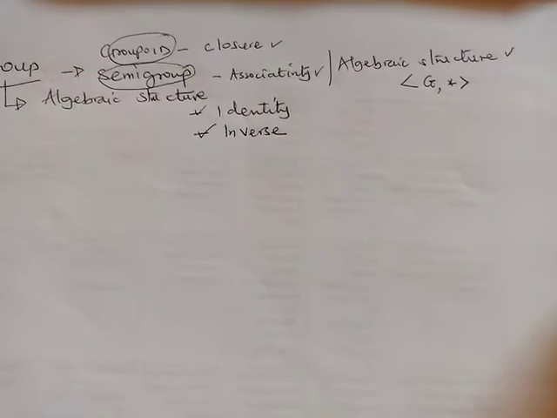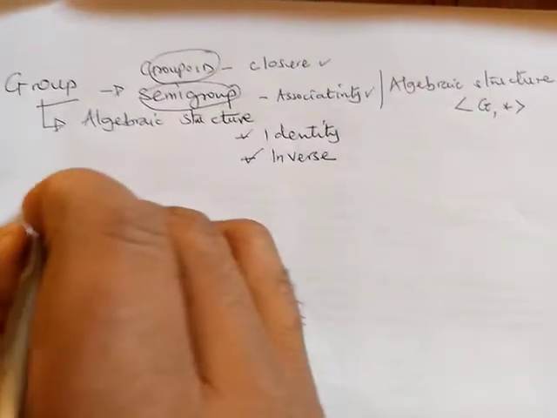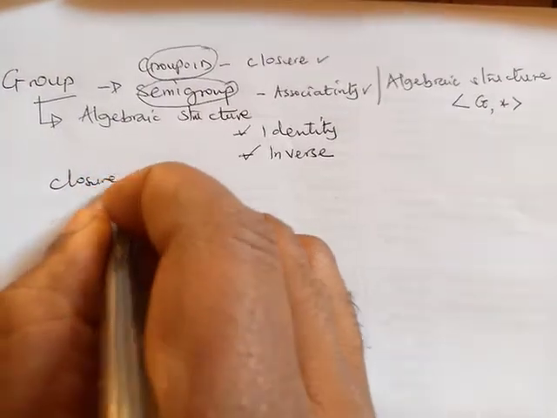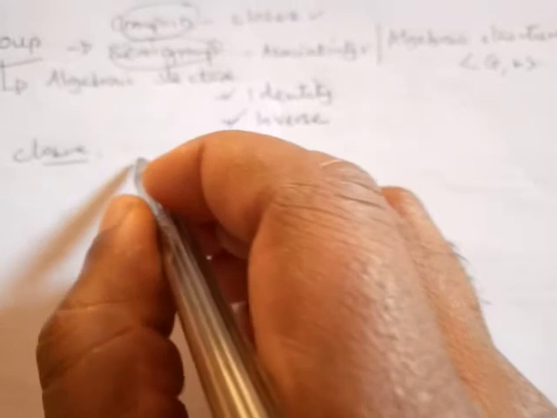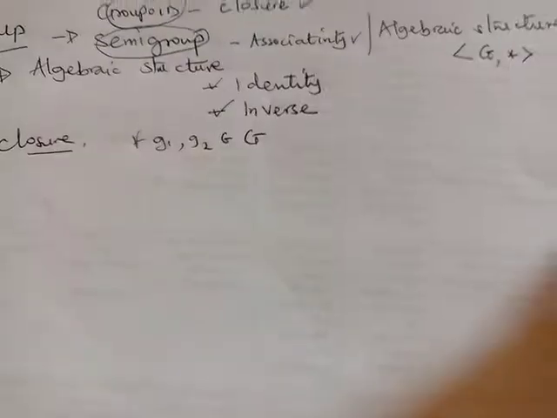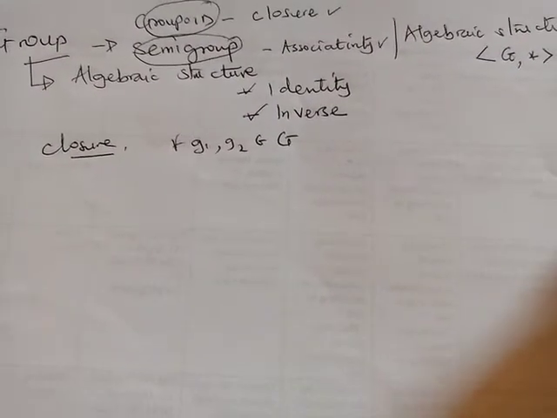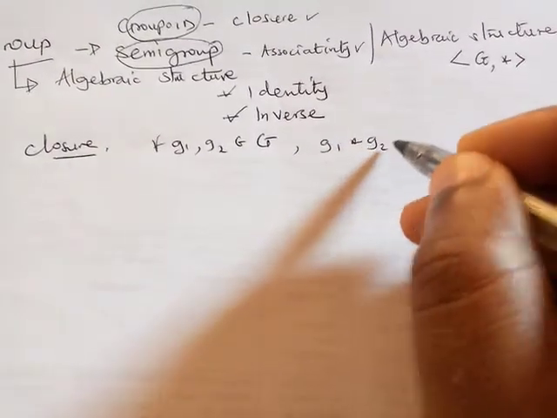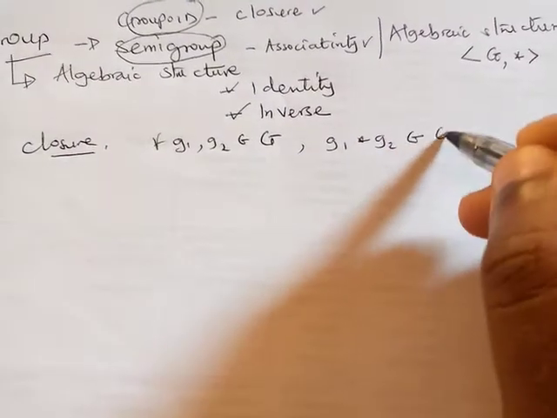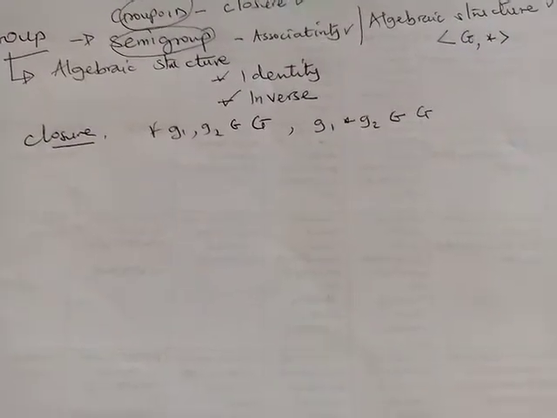This means for closure, for g1, g2 in the given non-empty set G, g1 * g2 will be in G. That's the closure property.